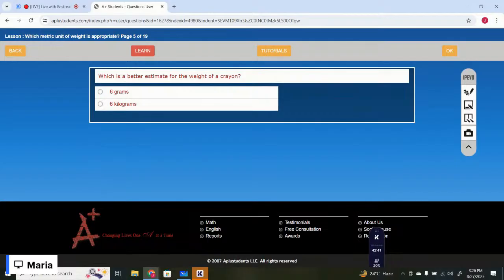Which is a better estimate for the weight of a crayon? 6 grams or 6 kilograms? It must be 6 grams. Option number 1 is the correct option.